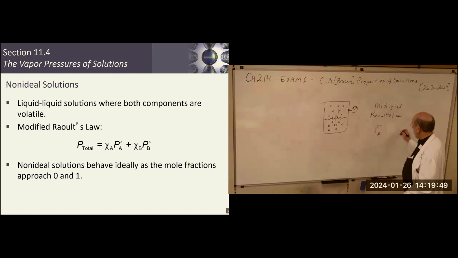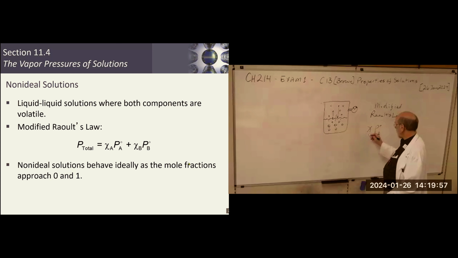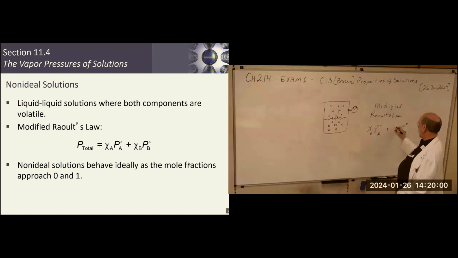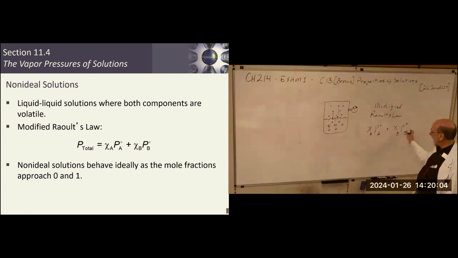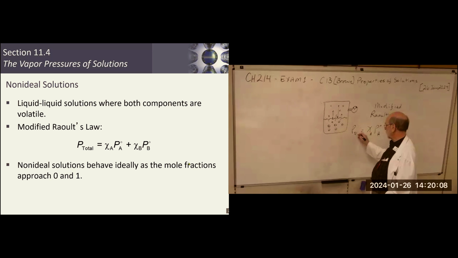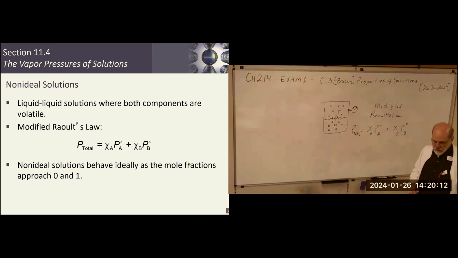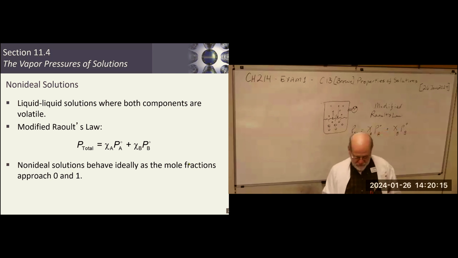So the A component is combined with the B component, and these are the pure vapor pressures. So what you need to know then is the mole fraction of A in that mixture and the mole fraction of B in that mixture. And then when you add those two together, you get the total pressure.